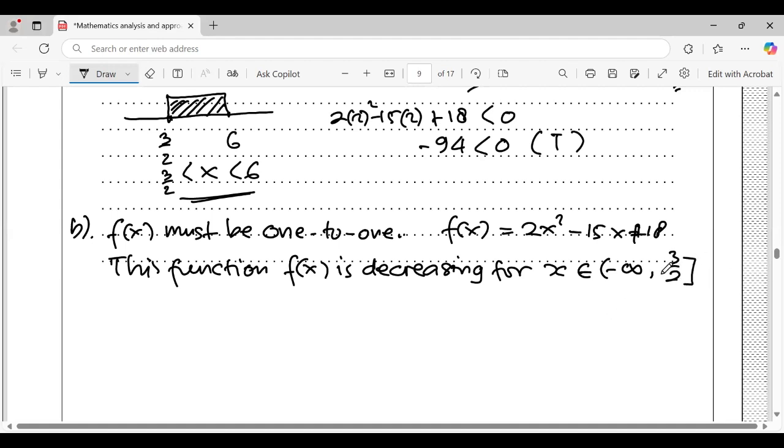So the maximum is 3 halves. How about from 6 to positive infinity? That is increasing. So we are finding the maximum number of the interval, and we can state that the greatest value is 3 halves.